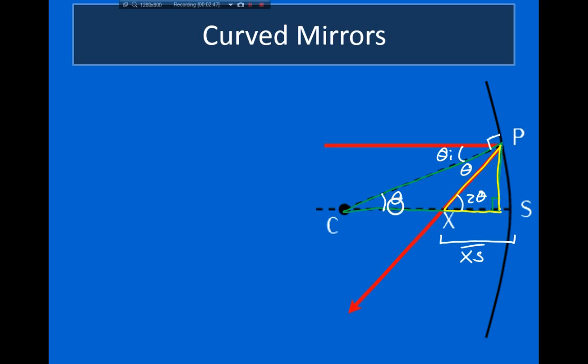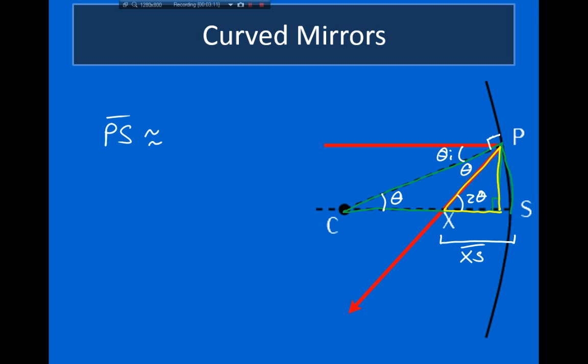So if we look at this triangle right here, we can say that this length, PS, is approximately equal to the arc length that's traced out by this angle theta, right? So this length of this triangle is approximately equal to this arc length formed if we just rotated through this arc theta.